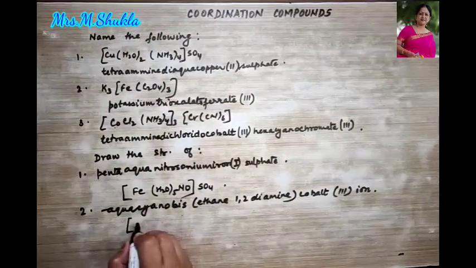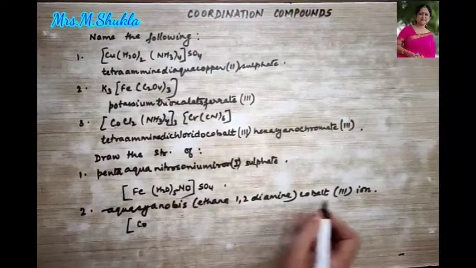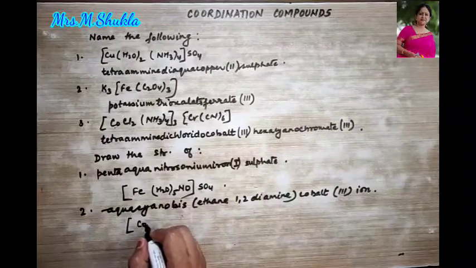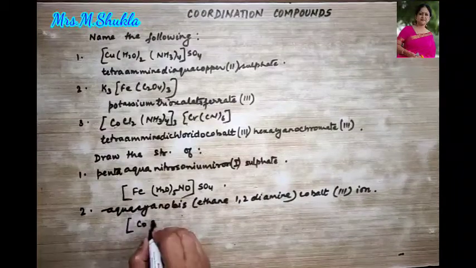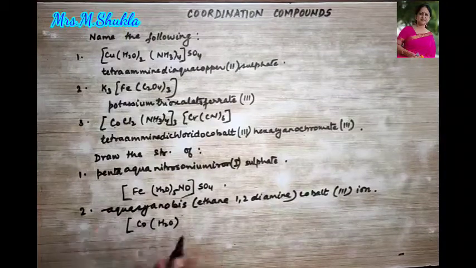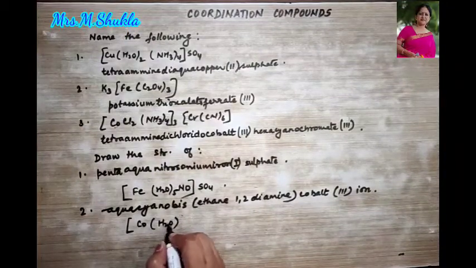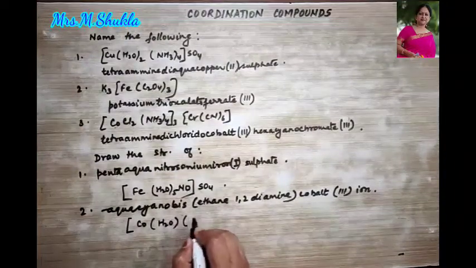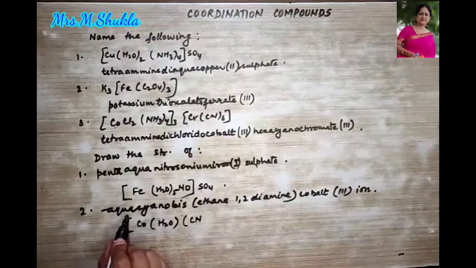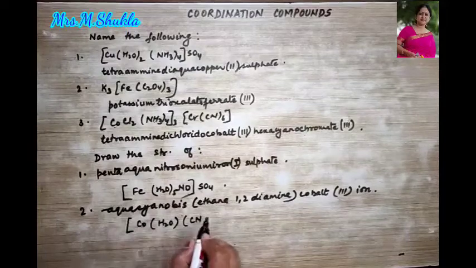We write cobalt, the central metal atom. Then aqua means only one, there is no bi or tri, so only one water is there. Cyano, what is cyano? CN, which is also one because it is not written bi or tri.